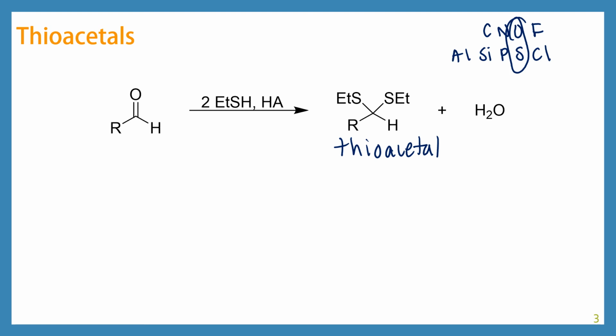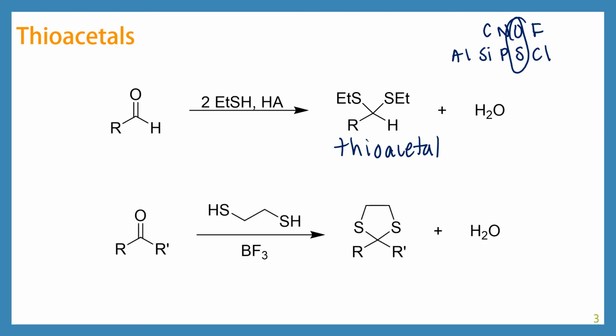So this is an example of that. You can also do this with ketones, and you can do this with a dithiol instead of just a regular thiol. So this is also, again, analogous to creating a cyclic acetal. We're just creating a cyclic thioacetal this time. And also, instead of using an acid, you can use a Lewis acid as your catalyst, and you would still end up with the same effect.